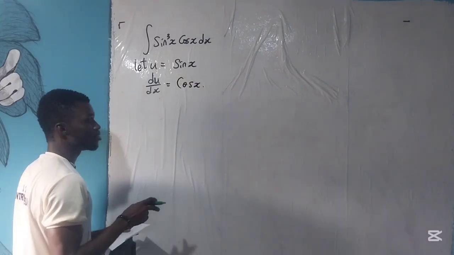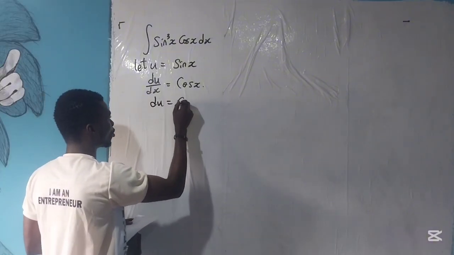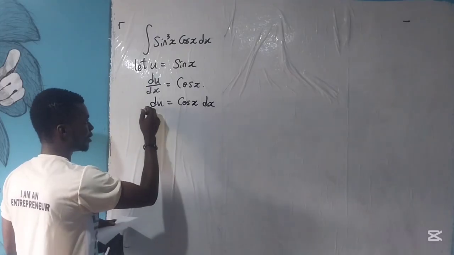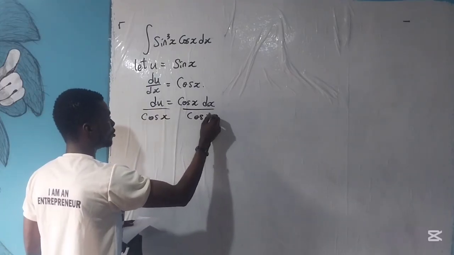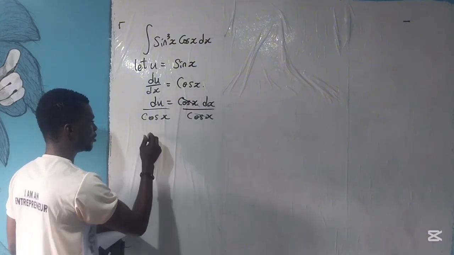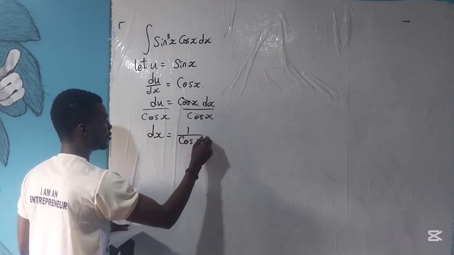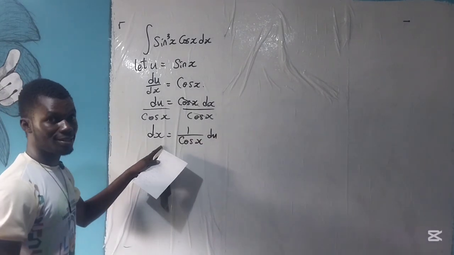So we have du equals cos x dx. Now, how do we get dx? Dividing both sides by cos x. That means dx equals 1 over cos x du, or du over cos x. So we've made dx the subject.